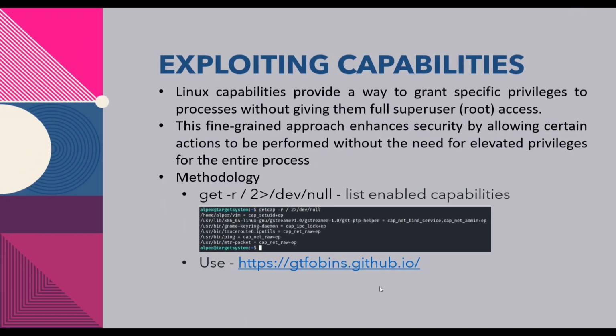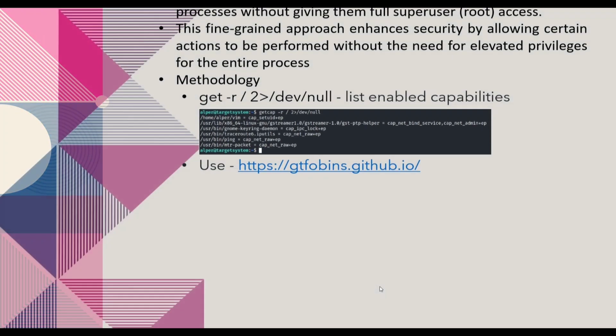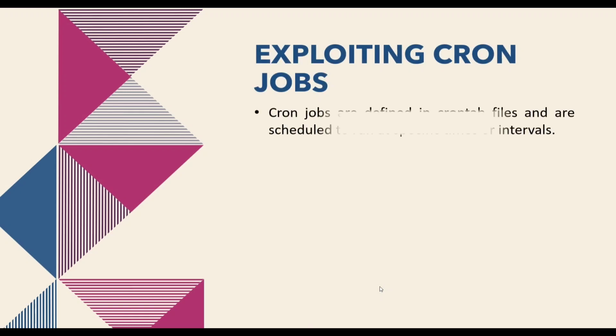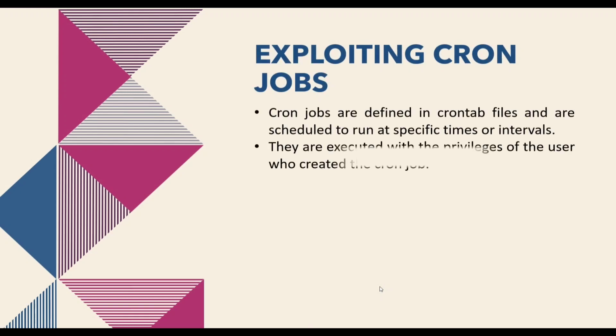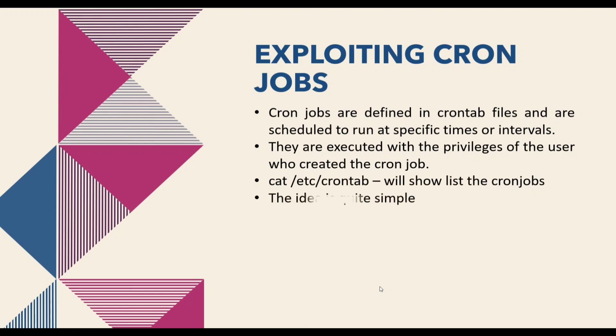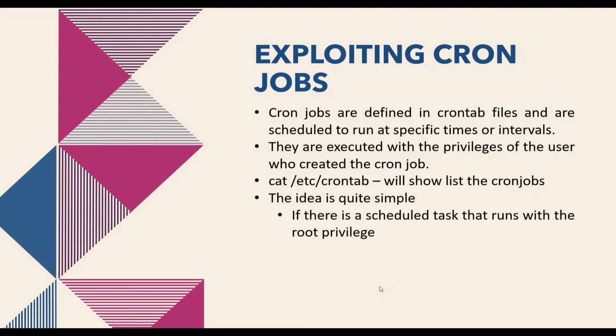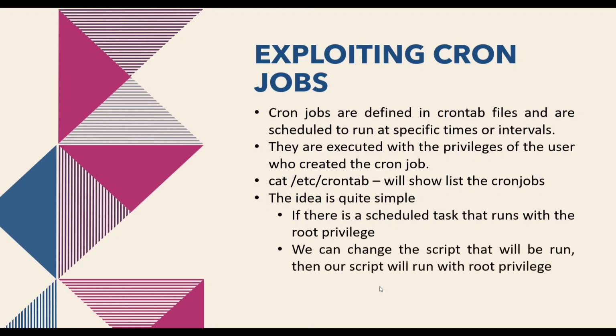Here's the time for our next technique, exploiting cron jobs. Cron jobs are automated tasks that are scheduled to run on a Linux system at a specified time or interval. They are like alarms that trigger the execution of commands or scripts and handle various tasks like system maintenance, backups, or running reports.